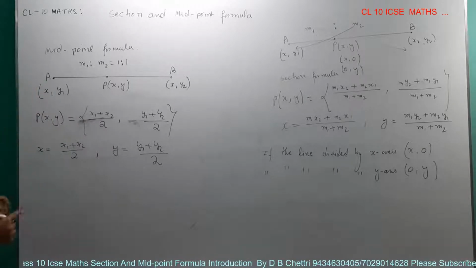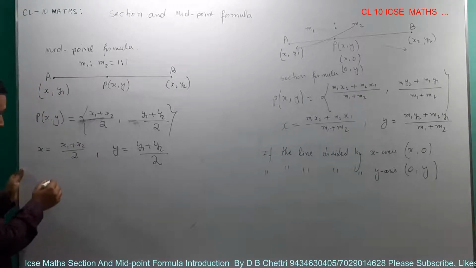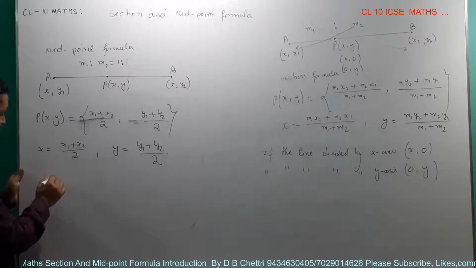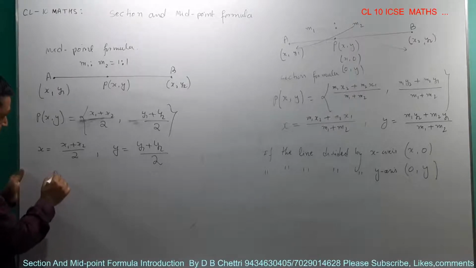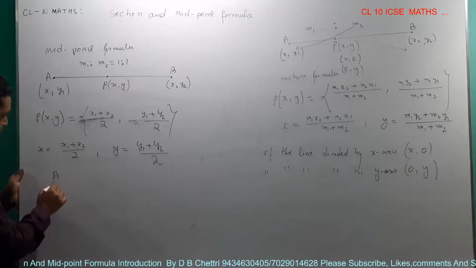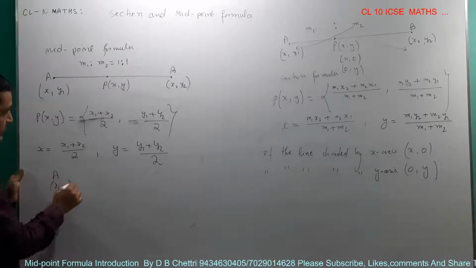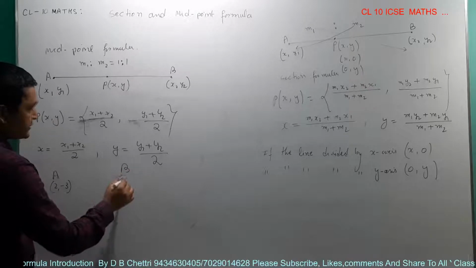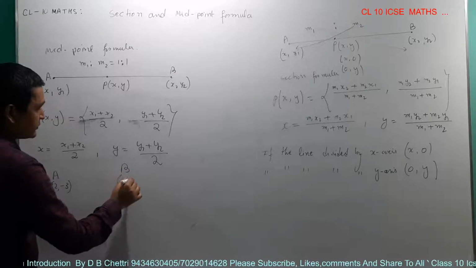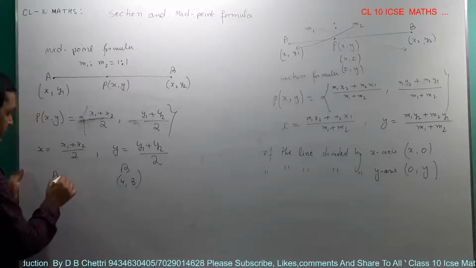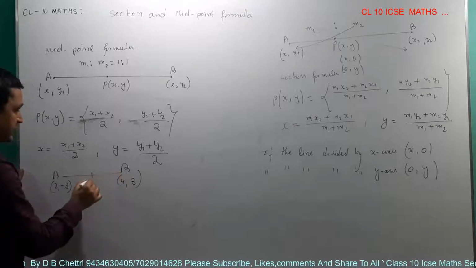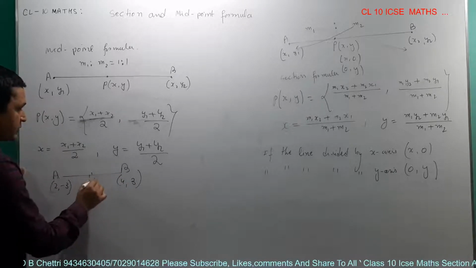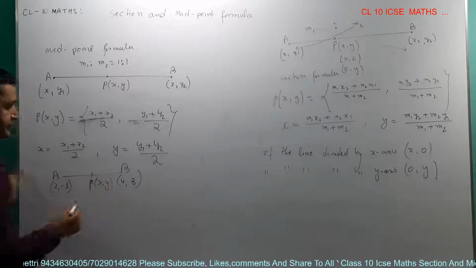Now suppose A coordinate is (2, -3) and B coordinate is (4, 3). This is divided at the midpoint, and the midpoint is always represented by x, y.